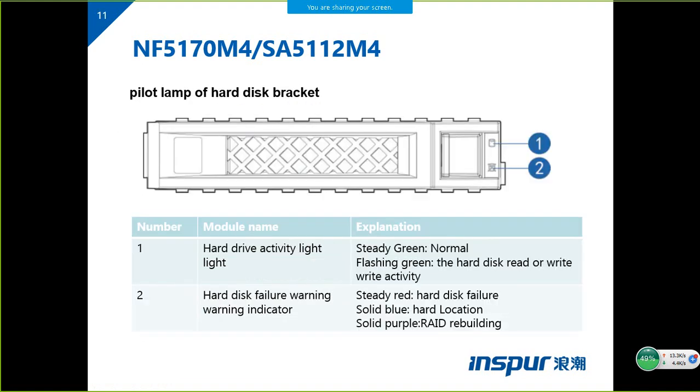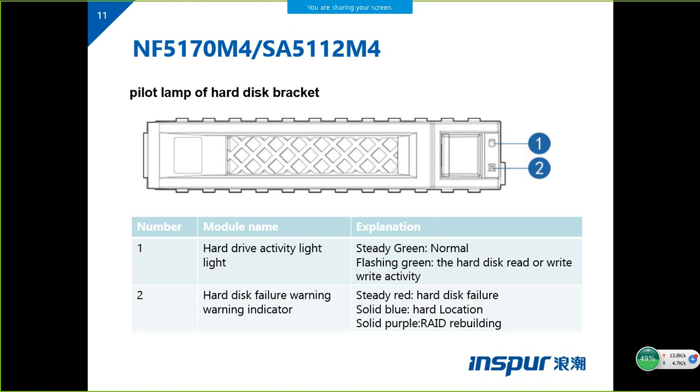And here is the pilot lamp of the hard disk bracket. There are 2 indicators on the hard drive. The first one is the hard drive activity light, and the second one is the hard drive failure warning indicator.